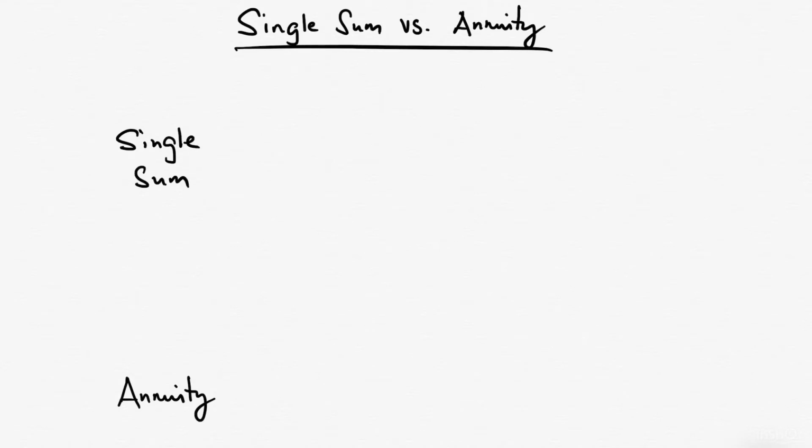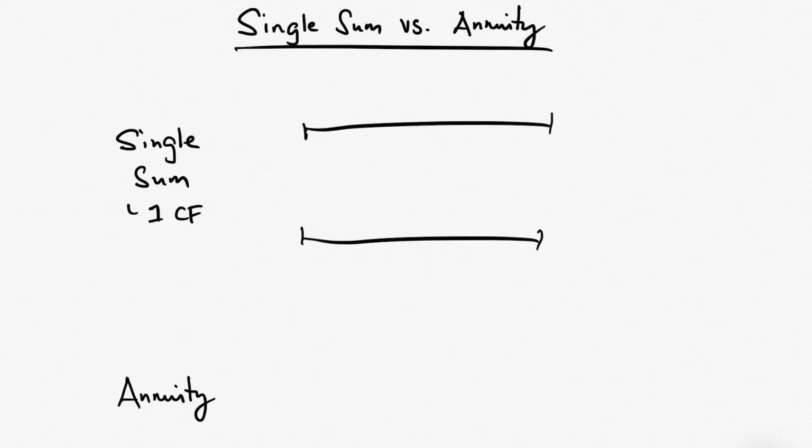We will know that it is a single sum problem if there is only one cash flow involved. So for single sum, one cash flow, one CF, and the CF can be placed either at the beginning or at the end, depending on the problem.